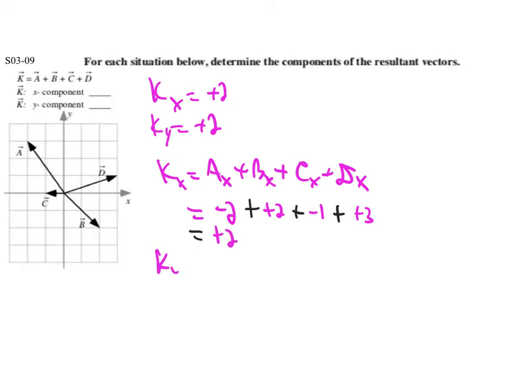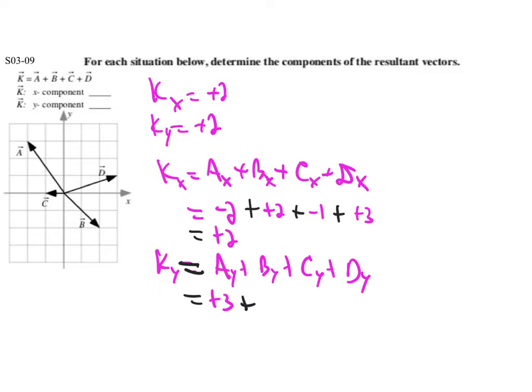And likewise, ky is going to be ay plus by plus cy plus dy. So we look here, and we say, well, ay is this part. So that's plus 3.